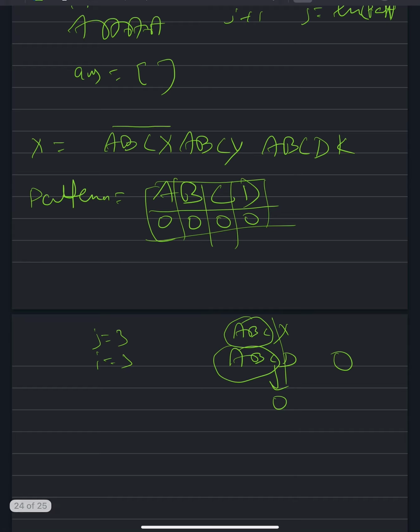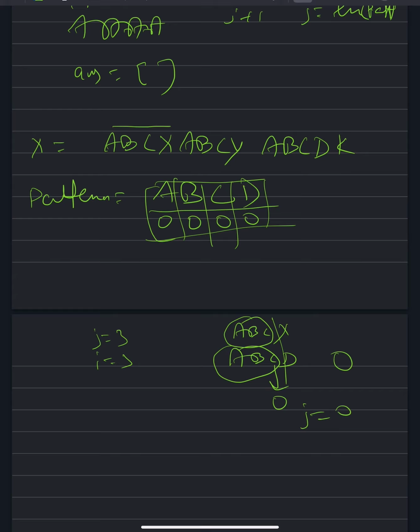0 means there is no LPS, so we need to go and check for J equal to 0, because the maximum prefix-suffix length is 0. There is no prefix-suffix.